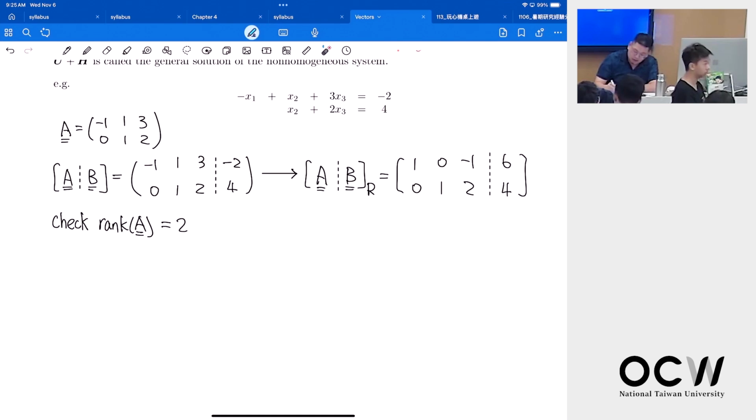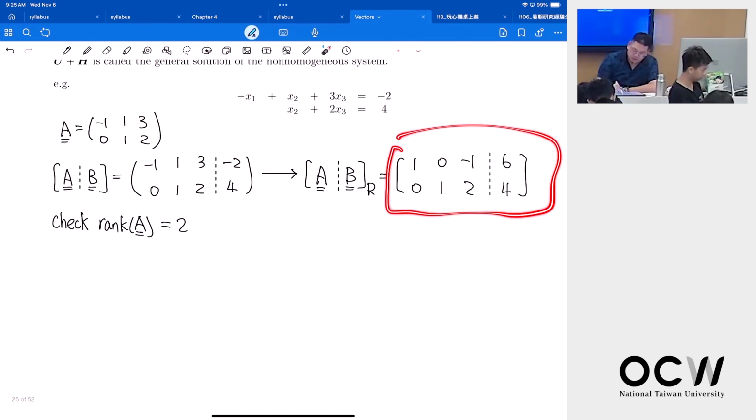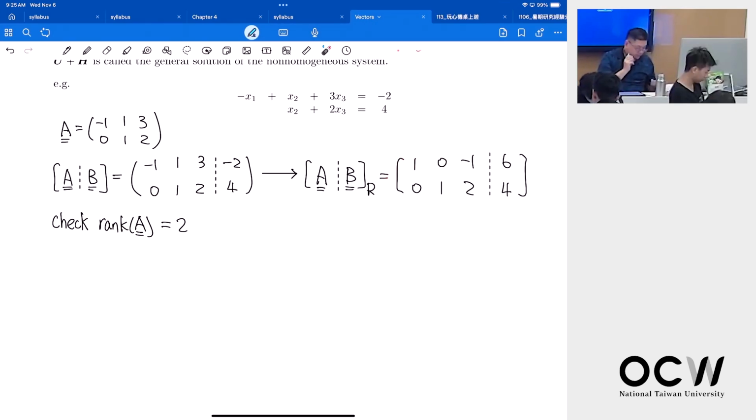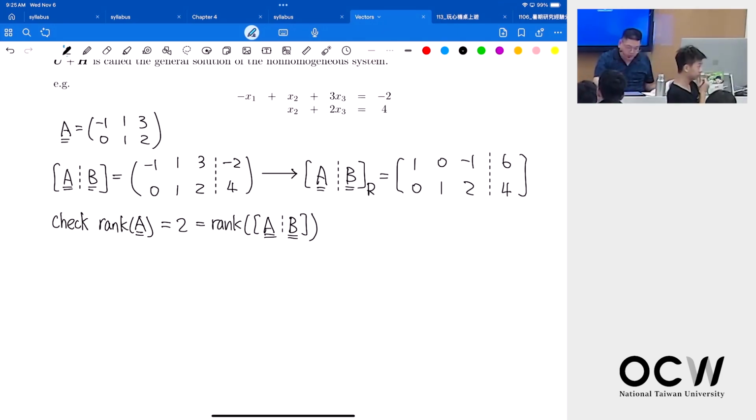Then how about the rank of this augmented matrix? Still 2. Okay, so this is equal to the rank of A, the augmented matrix B. What is rank? The maximum number of linearly independent row vectors.